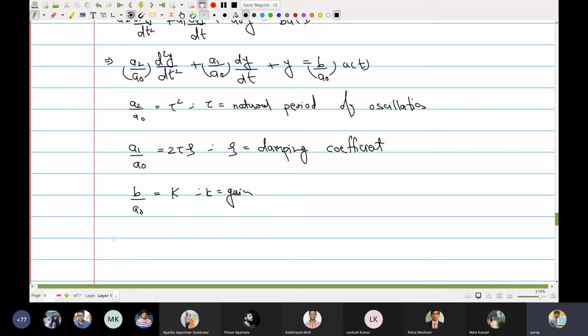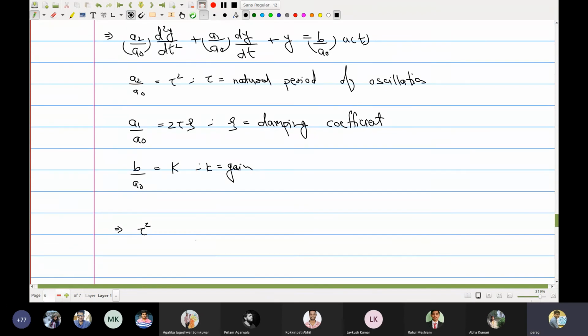So therefore, I can write here in the deviation variable form this expression as tau squared s squared y bar of s, and then the other things will become 0, plus 2 tau zeta s y bar of s plus y bar of s equals k u bar of s, right?